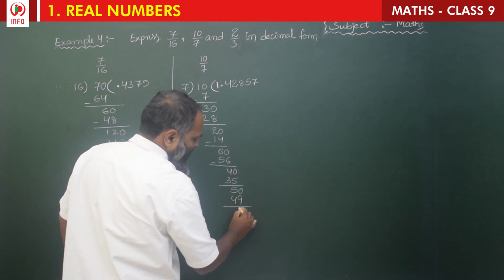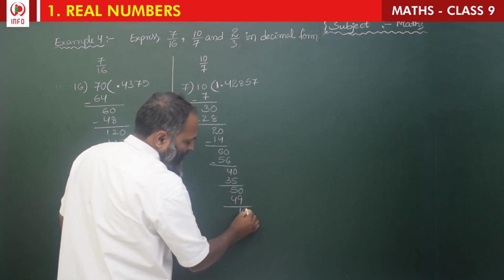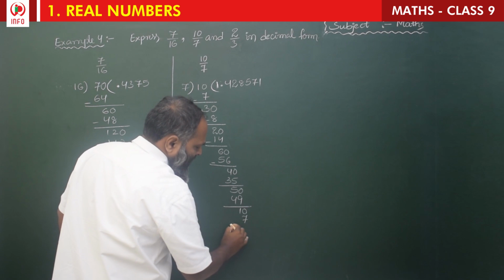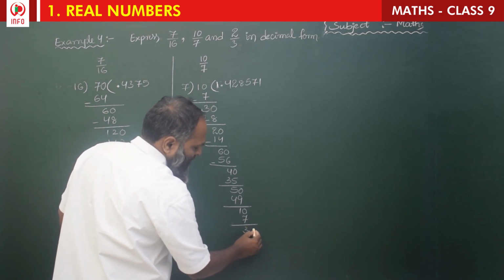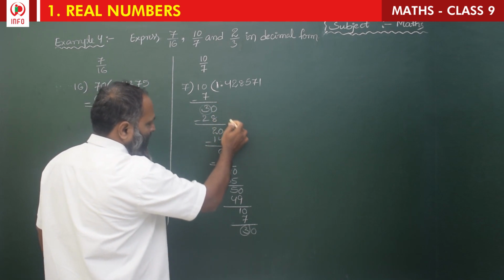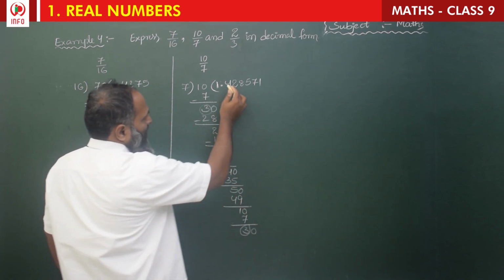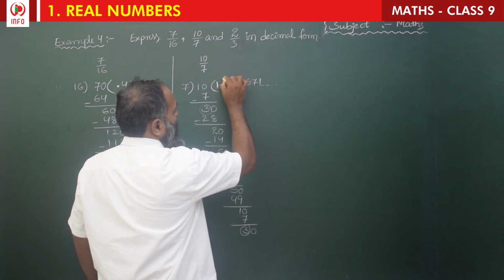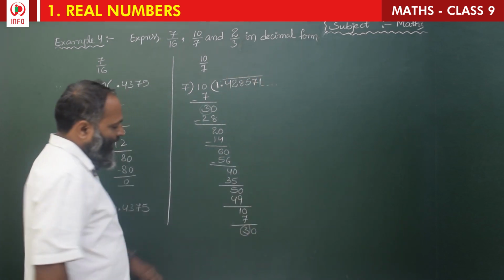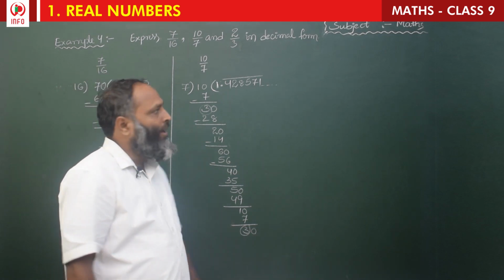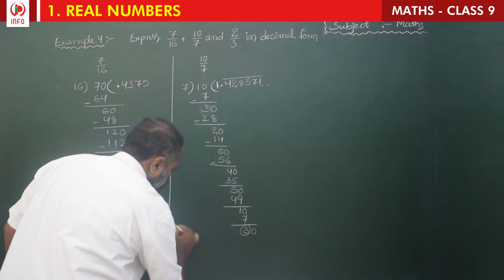So then 1 left, again 0. 7 1s are 7. Then 3 left, 0 will come. 30, again 30. Again it starts from here, so it is continuous. 428571 bar. Again 30 came, which means all these steps will repeat again.